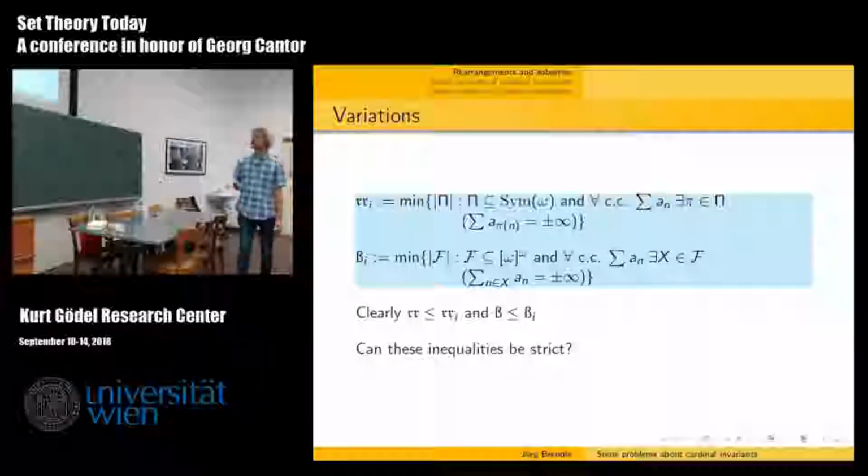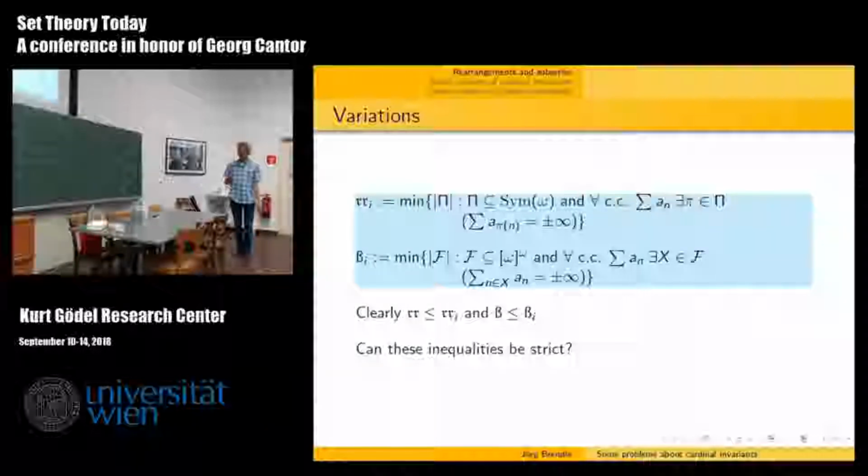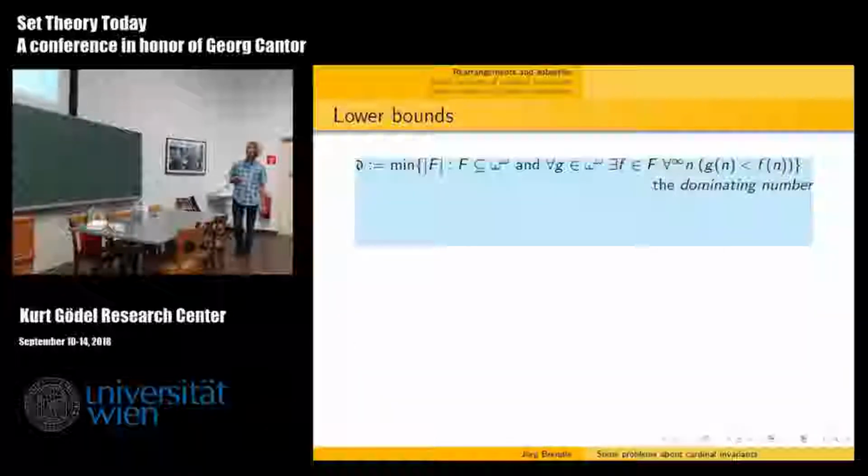Okay, and again, of course, you can ask, maybe these cardinals are simply equal, but actually it turns out they are not. And the reason is the following. For explaining this, I need two more cardinals. The dominating number, that's the smallest size of a dominating family in Baire space omega to the omega. So the smallest size of a family of functions such that for every function there is one function which is above it from some point onwards.